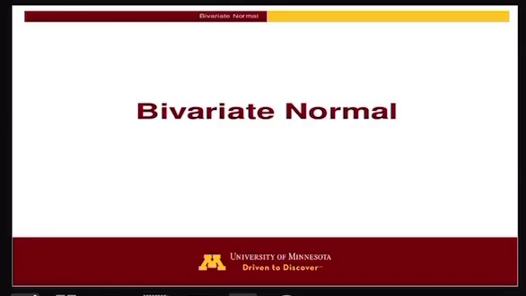If height follows a normal distribution and weight follows a normal distribution, does the marginal distribution translate into a joint distribution?